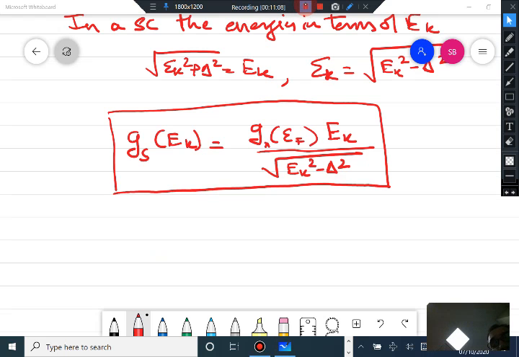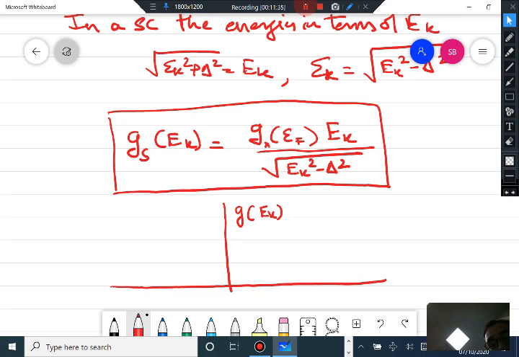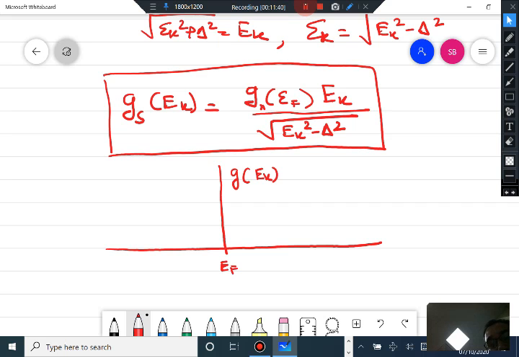And now if I plot this density of states around the Fermi energy, so if this is the Fermi energy and I am just exaggerating it, EF plus delta and EF minus delta, then you can see that on approaching delta, when Ek approaches delta, there is going to be a divergence.